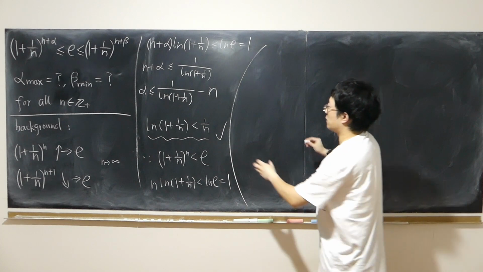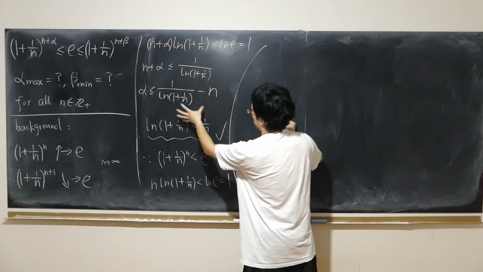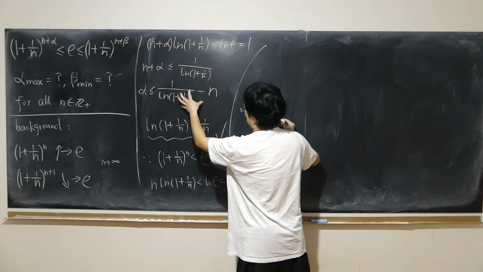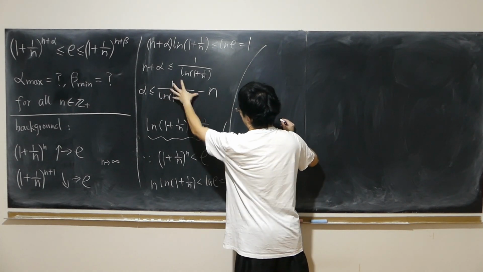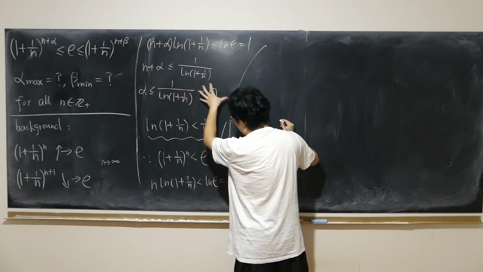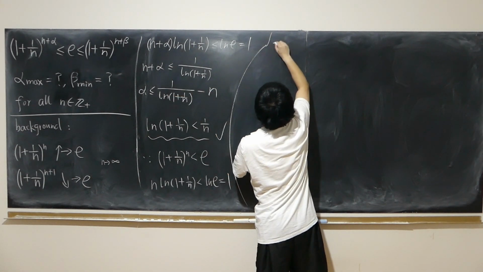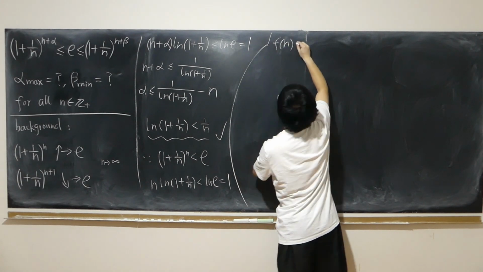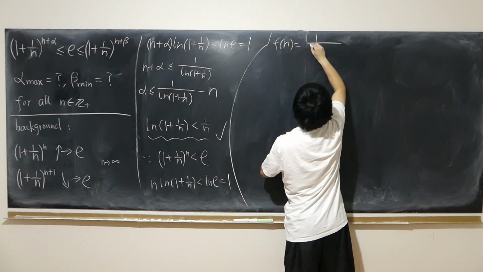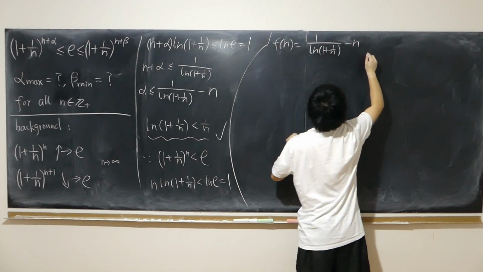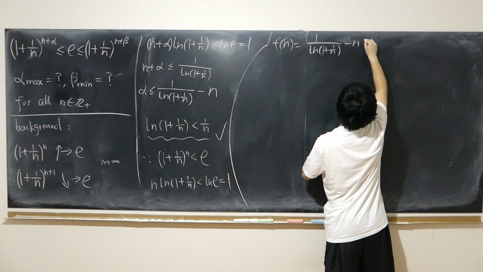And so since the bottom is less than 1 over n, the reciprocal is greater than n, so the whole thing is greater than 0. So f of n, that's 1 over log of 1 plus 1 over n minus n, is bounded below by 0.